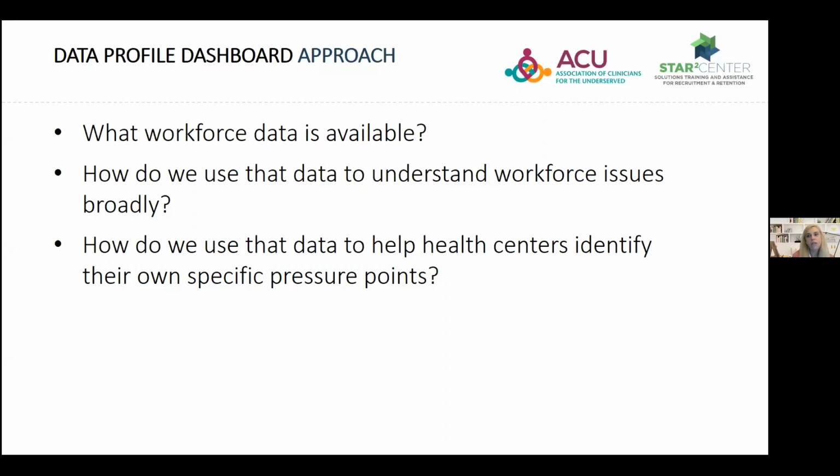In addition, there was nothing that really put workforce data into the context of being able to understand those workforce issues more broadly, and frankly, how we could address them. So we eventually came up with putting health center data in a report so we could open that conversation.